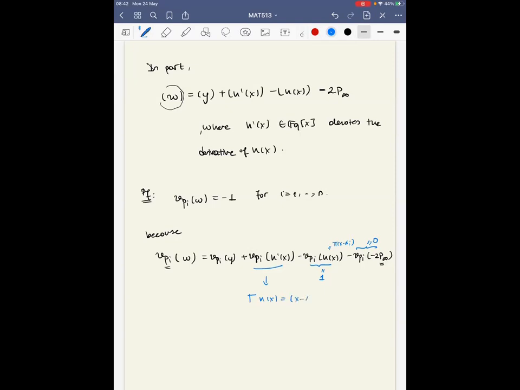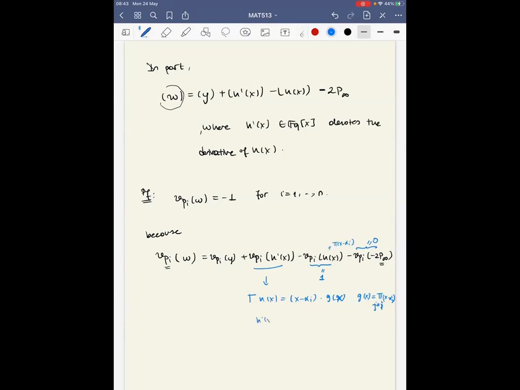For the valuation of the derivative, let me write h of x as the product of a particular linear factor x minus alpha_i, for fixed i, times g of x, where g of x contains all other linear factors which are different from this given i.